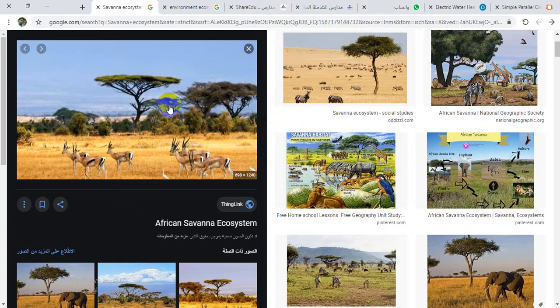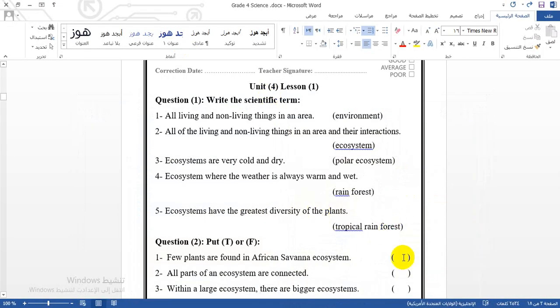So you will find a few kinds of plants and trees. Do you think that is correct about the savanna? I don't think so. So what is the correct one? So this one is false, sure, because the correct one is not in Africa savanna ecosystem.